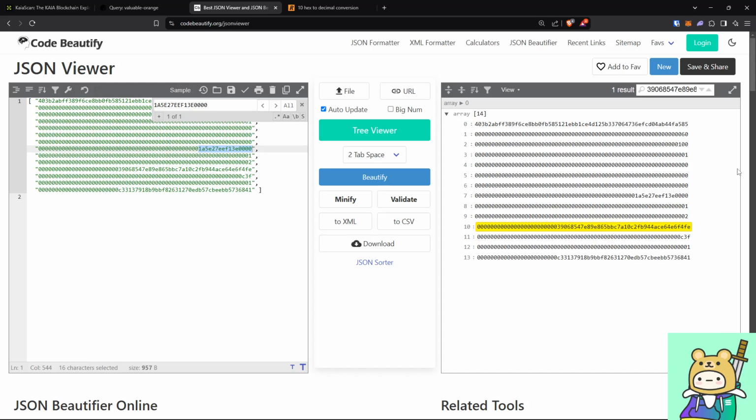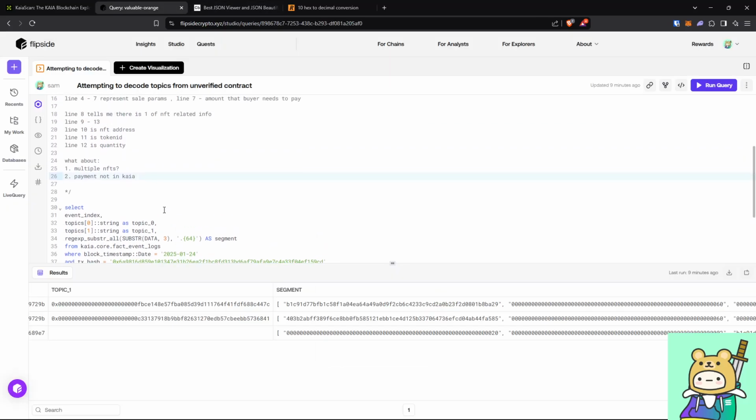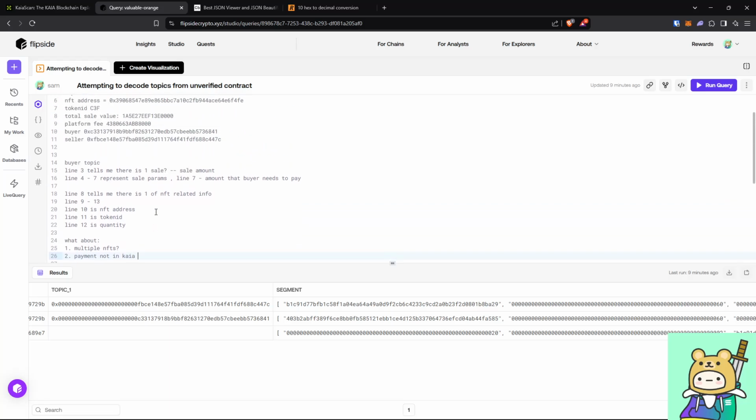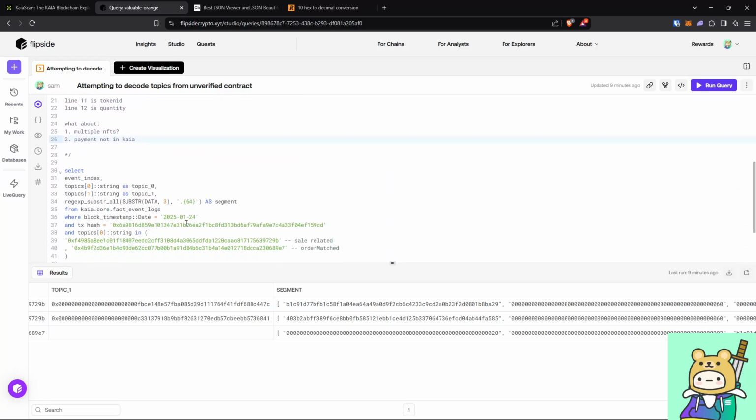Which reminds me, remember there's a bunch of zeros here? One of these zeros could be the token address, because for native tokens, whenever they appear in event logs, they are represented as a bunch of zeros. So this here could be the token address, right? Maybe.